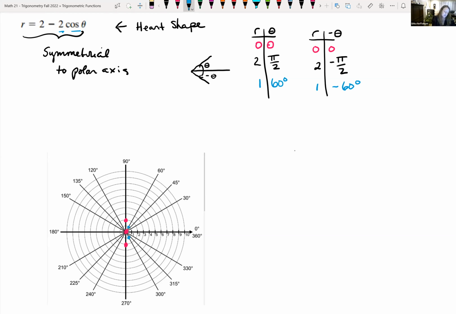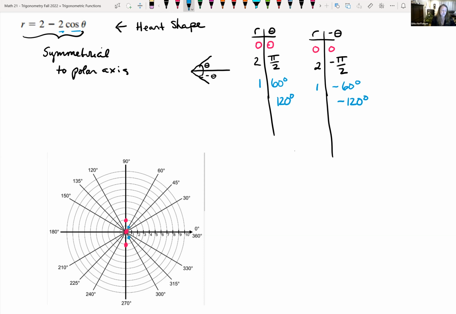So let's look at what's going on at 120 degrees, and negative 120 degrees. At 120 degrees, my reference angle is 60, but I'm in the second quadrant, so cosine is going to be negative. So I have 2 minus 2 times negative 1/2.